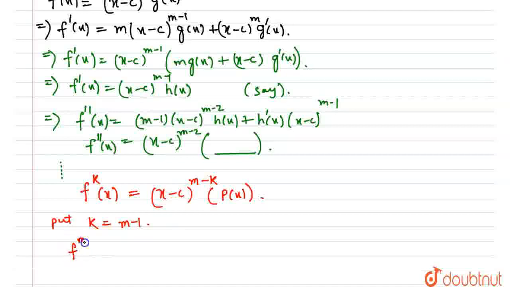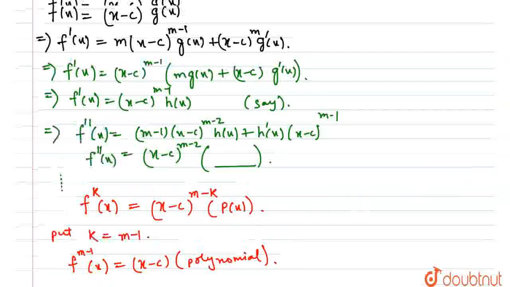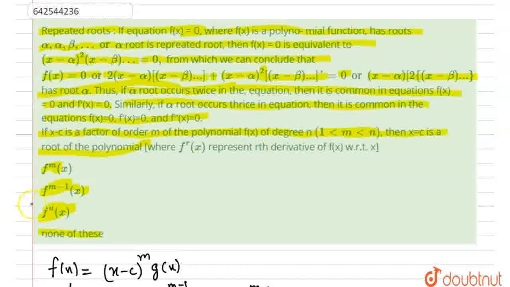The (m-1)th derivative of f would be equal to (x - c) times some other polynomial. That is, x - c would be a factor of the (m-1)th derivative of f. So from here we can conclude that the second option is correct.